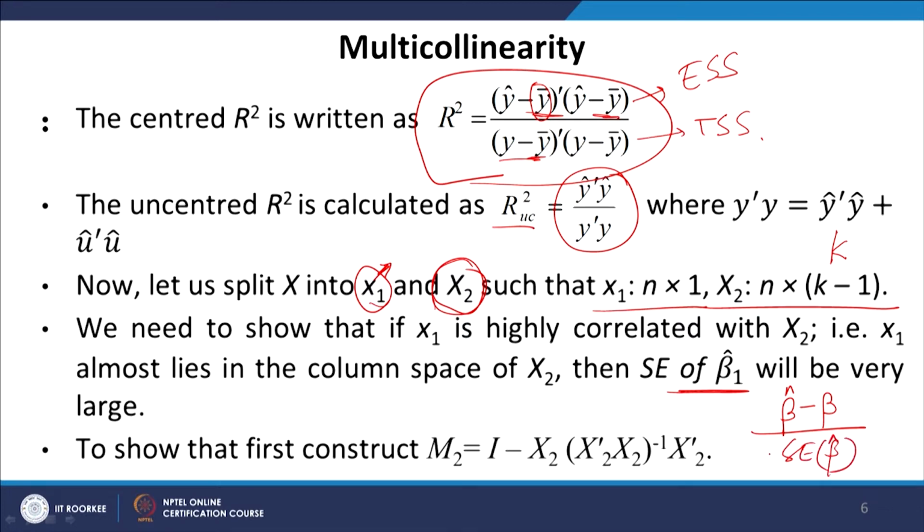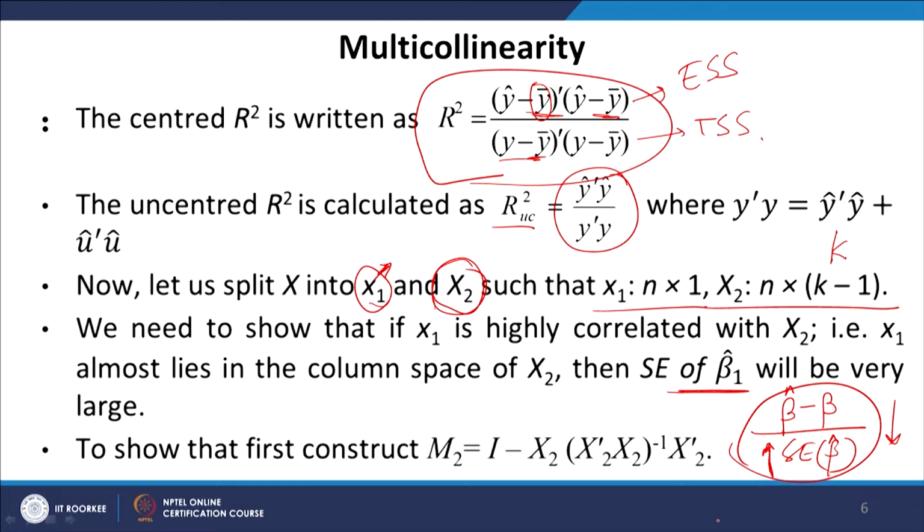So, if the standard error of beta hat becomes very large, then the entire thing becomes very small, and it is difficult to reject the null hypothesis, because it will fall in, most often, the left side rejection region.